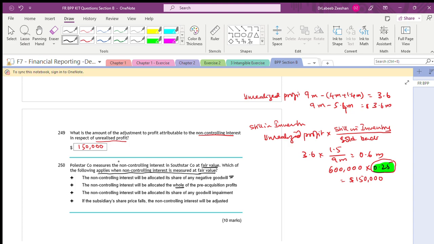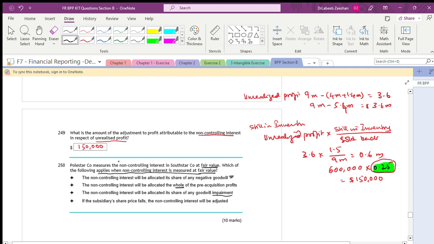It is about the fair value. Fair value is in terms of the assets. The NCI will be allocated its share of any goodwill impairment.